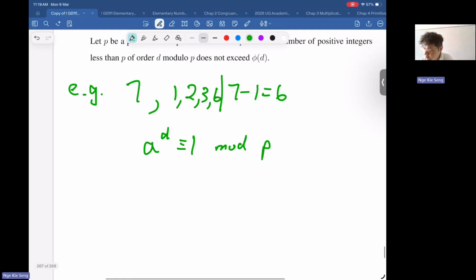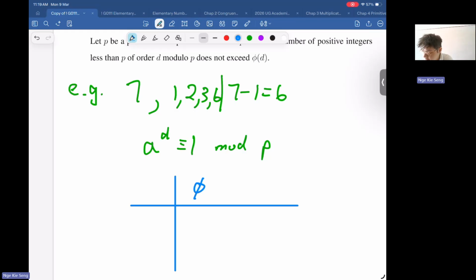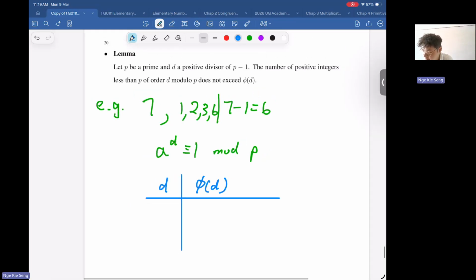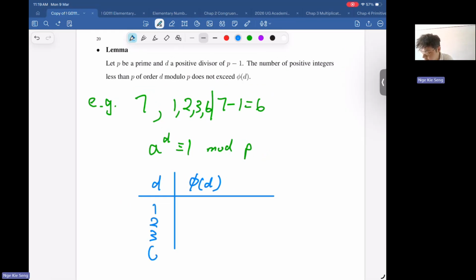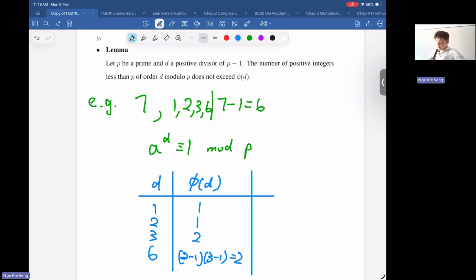Should I make a table for you to see what's going on here? So what is phi of d here? The divisors d are 1, 2, 3, 6, four of them. Phi of d is 1, 1, 2, and 2. You want to ask how many positive integers have order 1, order 2, order 3, and order 6.